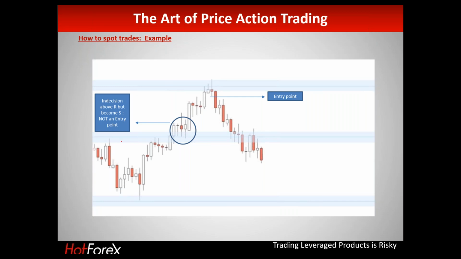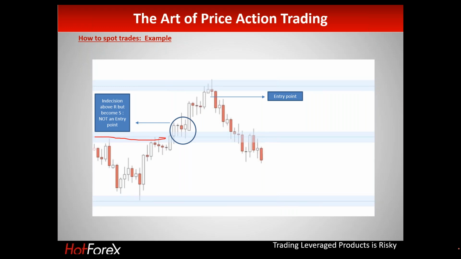Okay, this is another example, and it is quite different. In this example I have managed to identify my resistance level.